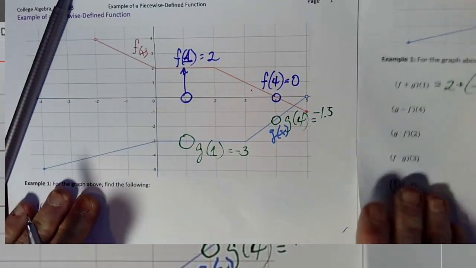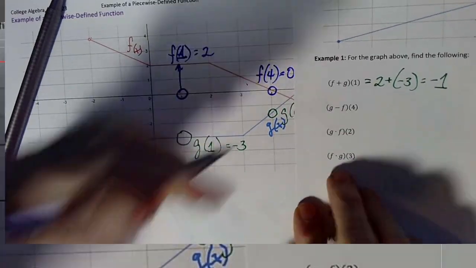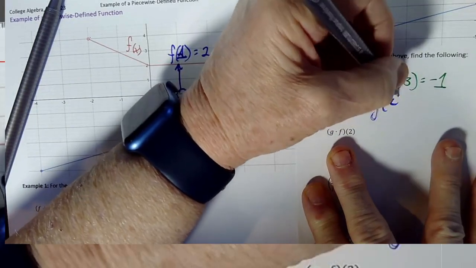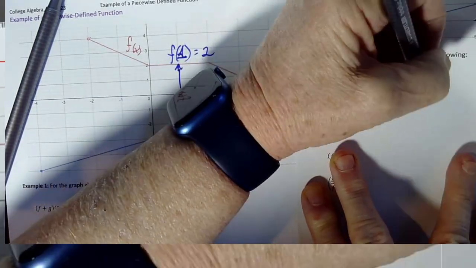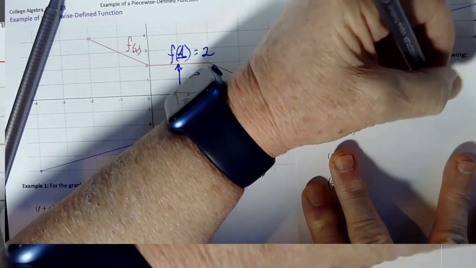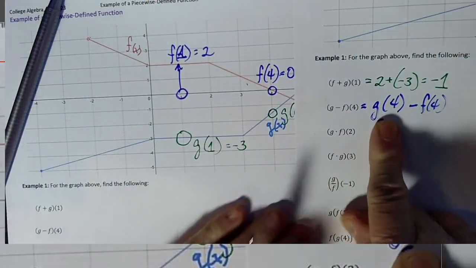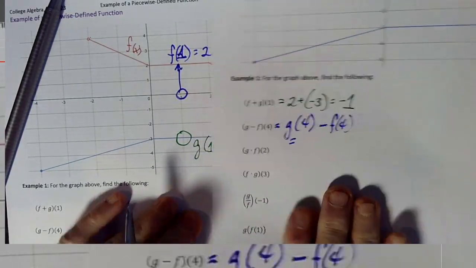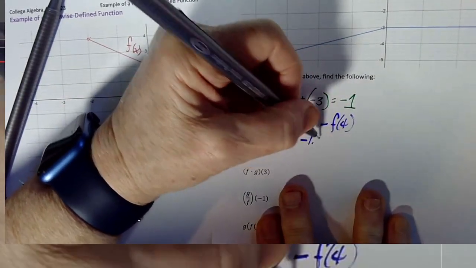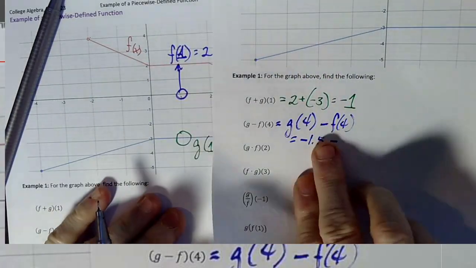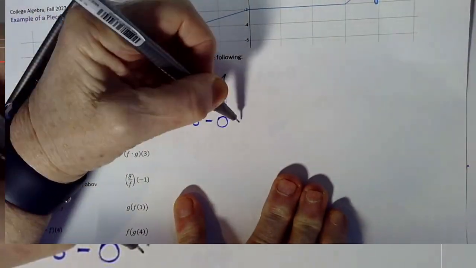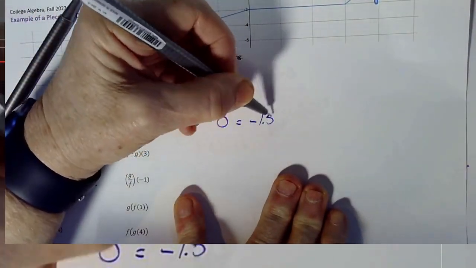So g minus f at 4 is the same as g evaluated at 4 minus f evaluated at 4. Well, g evaluated at 4, we said was -1.5. F evaluated at 4, we said was 0. So we get -1.5.